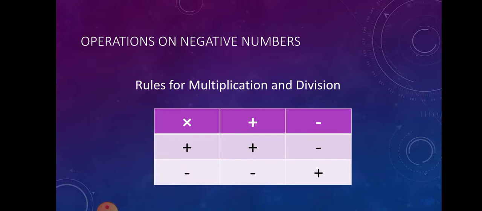Negative multiplied with positive again gives a negative sign, whereas negative multiplied with negative gives a positive sign. These rules are the same for division. So either it is multiplication or division, you have to apply the same rules.